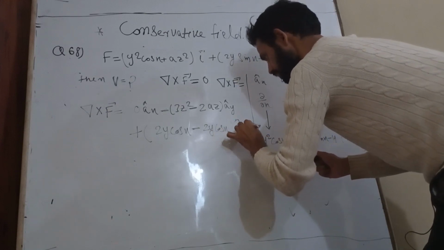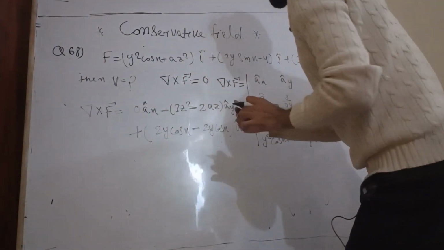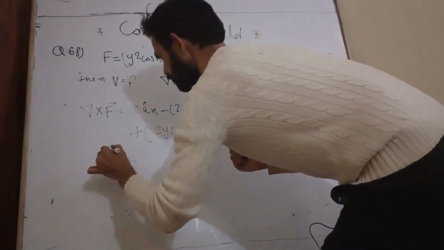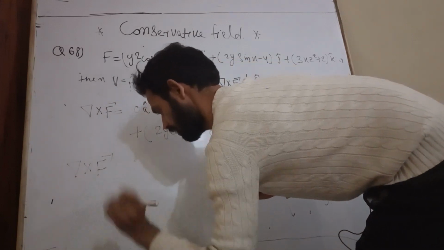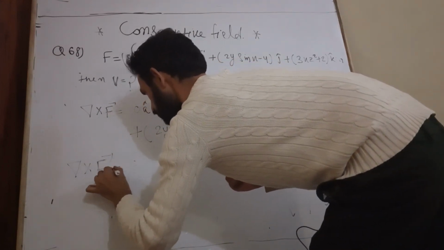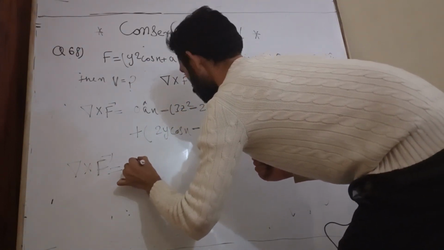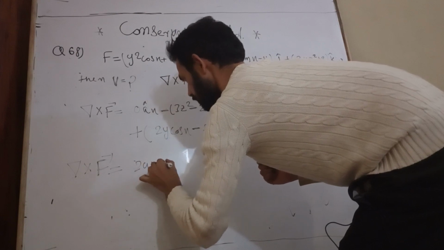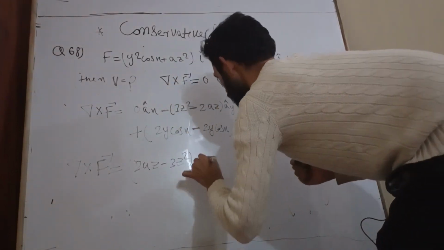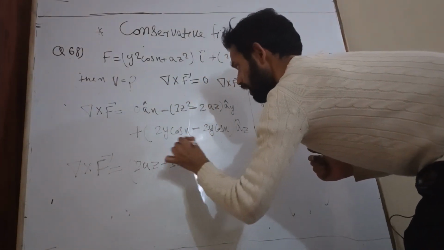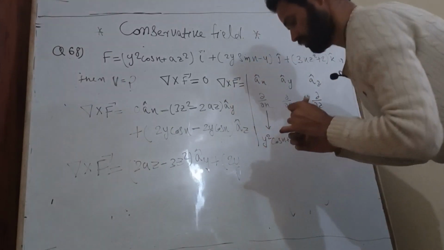So this is unit vector z. So if we observe, del cross F is equal to (2az minus 3z square) in the unit vector y direction.